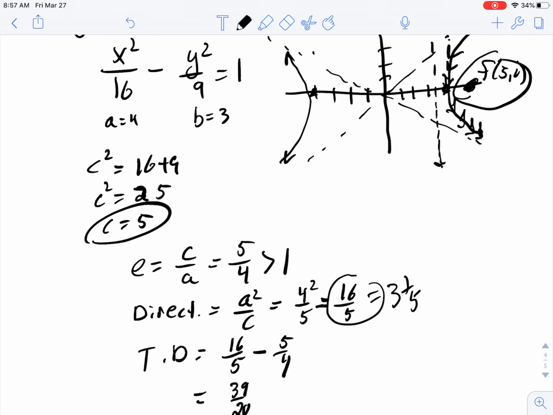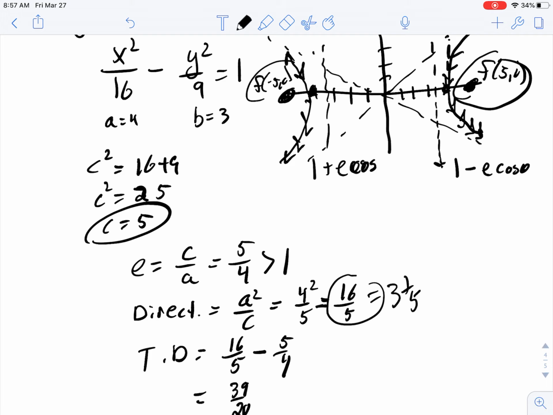If I want to use this focus, I would use 1 minus e cosine theta, and therefore my directrix would be to the left of my focus. If I wanted to use this other focus at -5, 0, so I can track the movement from here, I would use 1 plus e cosine theta, so that the directrix would be on the right side of my focus.